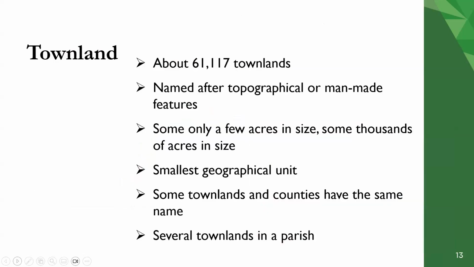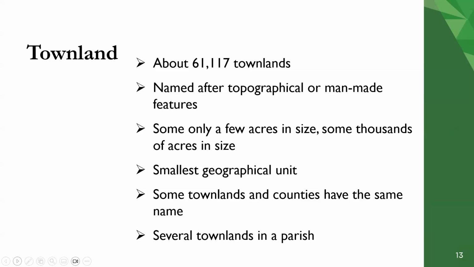And then finally, we have the smallest unit, which is the townland, of which there's over 61,000 of them. They were usually named after a topographical or man-made feature like a river or a tree or a mountain range or something to that. Some of them were a few acres, some of them could have been thousands of acres.